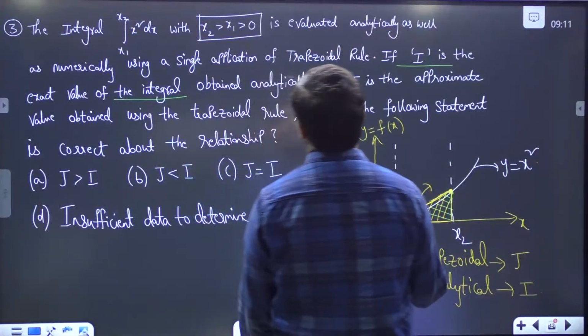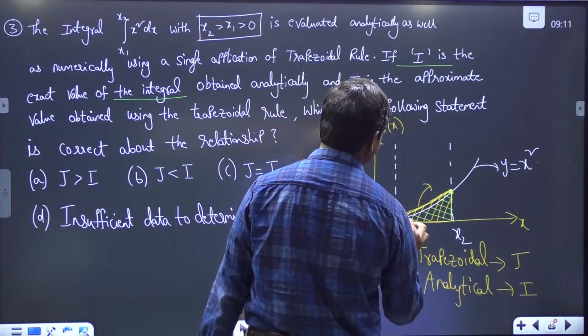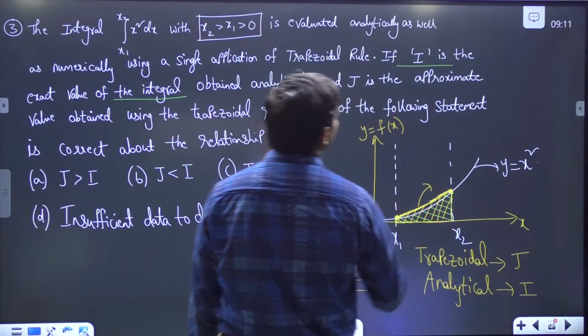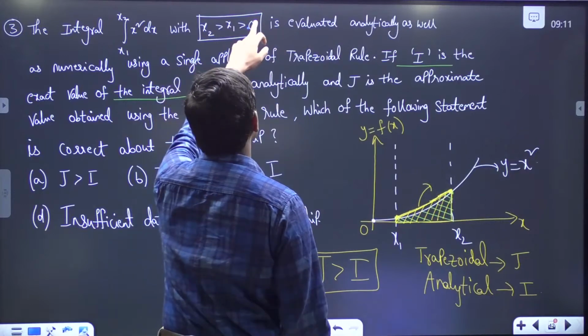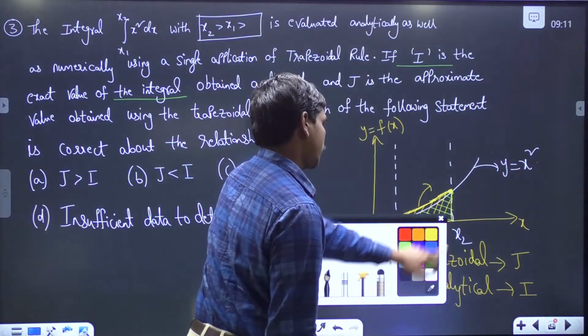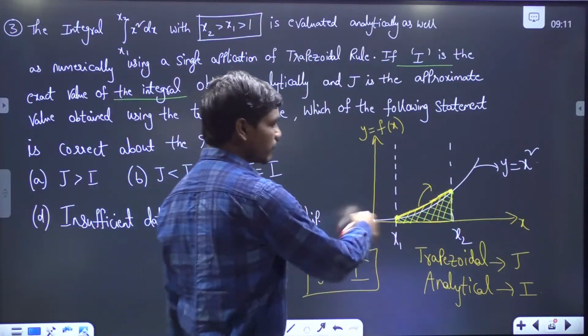So see here, one thing we'll do: rather than putting 0 here, we'll put 1. One is somewhere here.